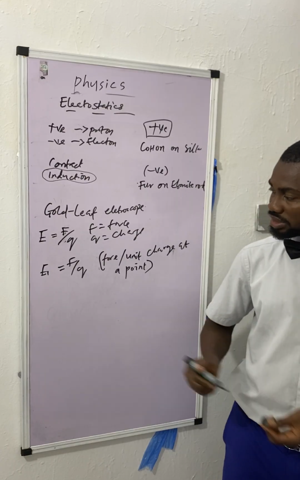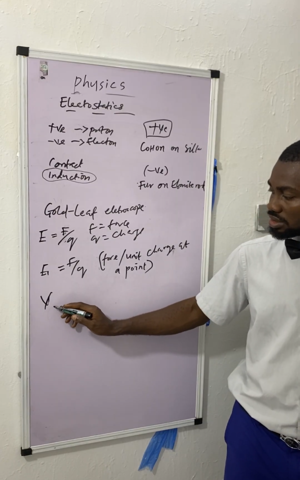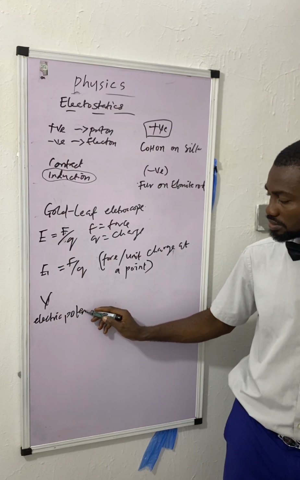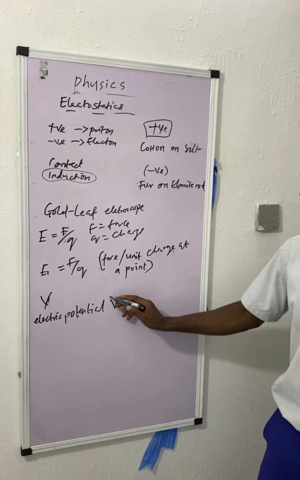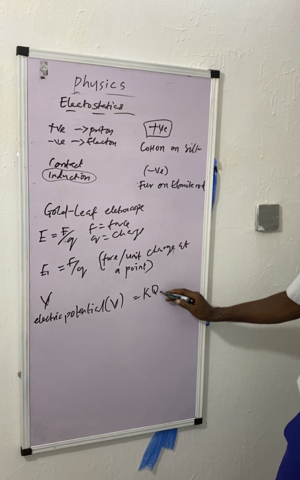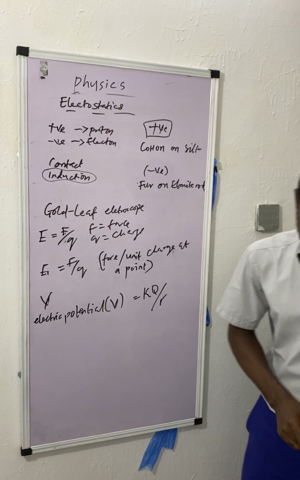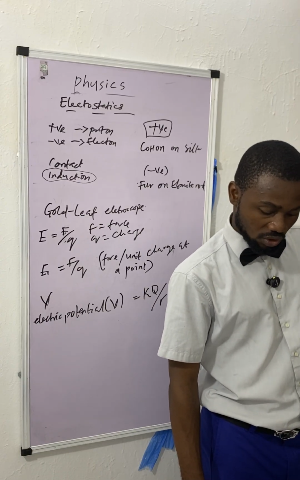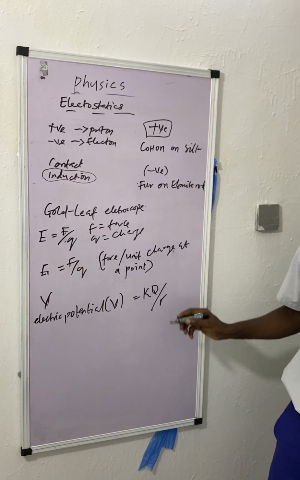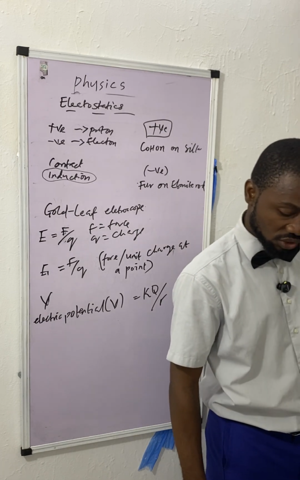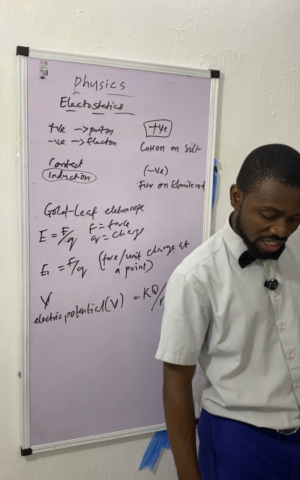Okay, there is also electric potential V, which is equal to KQ over R, where R is distance, Q is charge, and K is the constant. So in essence, we are left with Q over R. What is the potential difference?